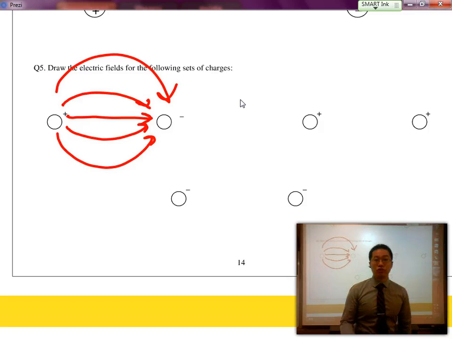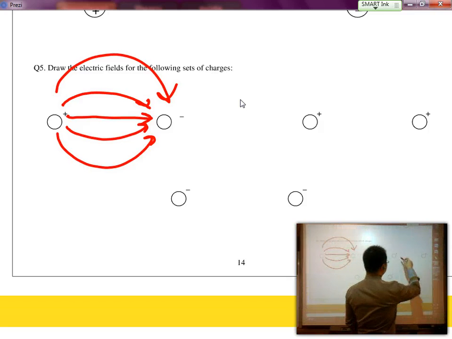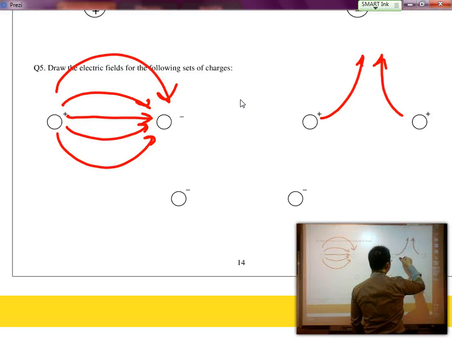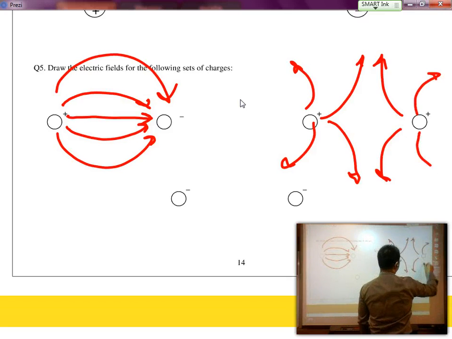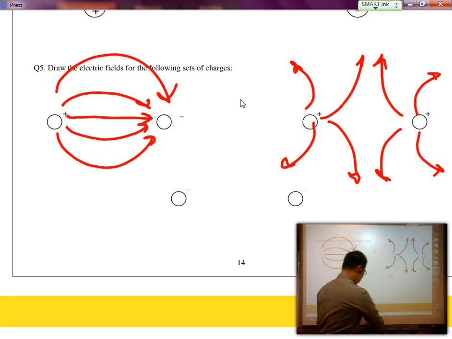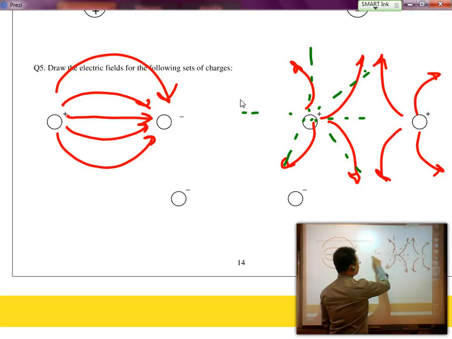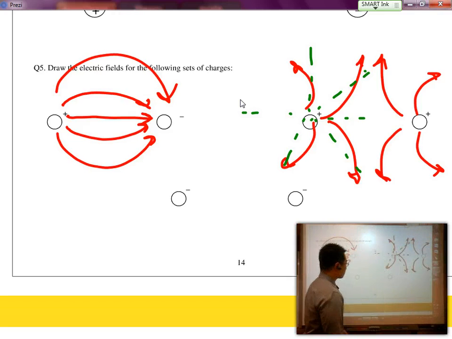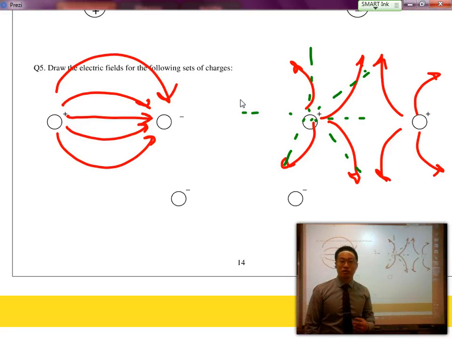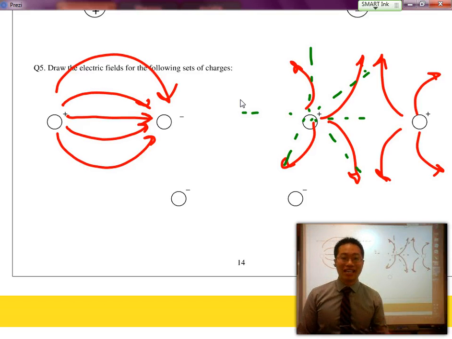When you have two positive charges, the electric field lines will end up looking like they repel away from each other. So they go out of positive, and you can see as if they're being pushed away from each other. Because normally it would have looked like a straight line coming out, but those straight lines are getting repelled away from each other. For two negative charges, it's going to look exactly the same, except for the fact that electric field lines go into negative.